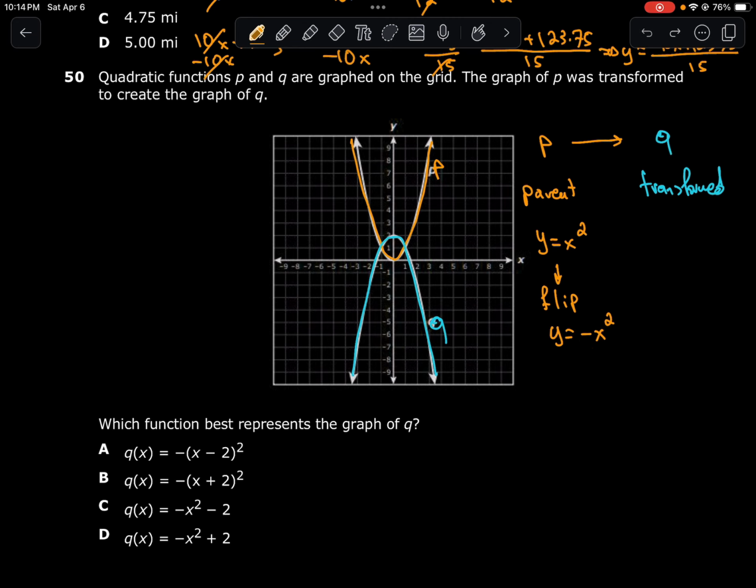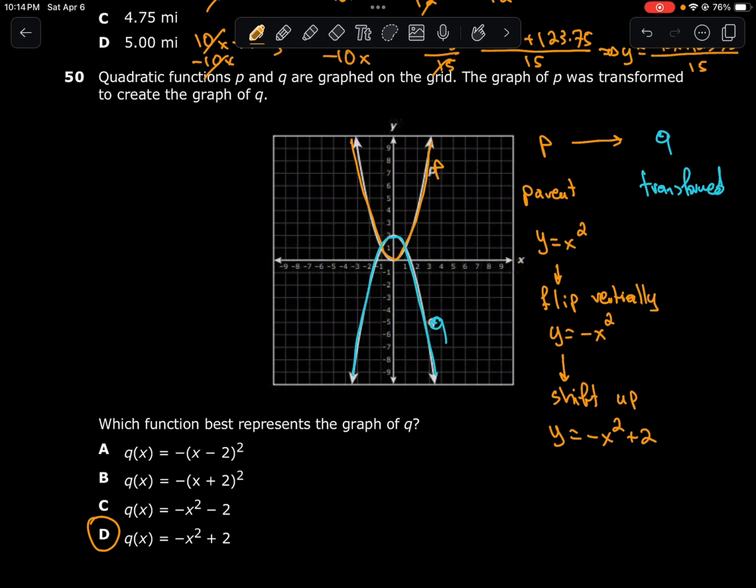I want to flip up, down, vertical. And then I'm going to shift. So it's a vertical flip. Then I'm going to shift up, and I'm just going to add 2. So I expect that this is the correct answer, which matches D.